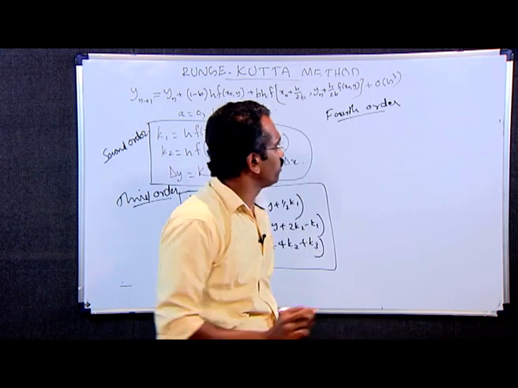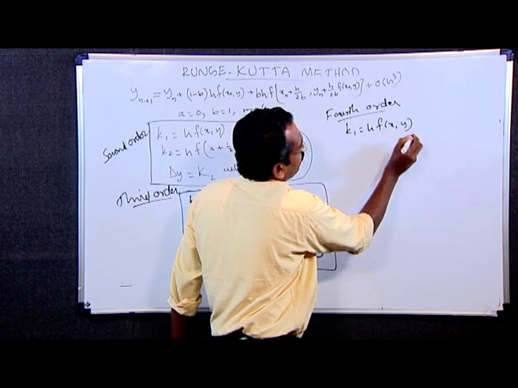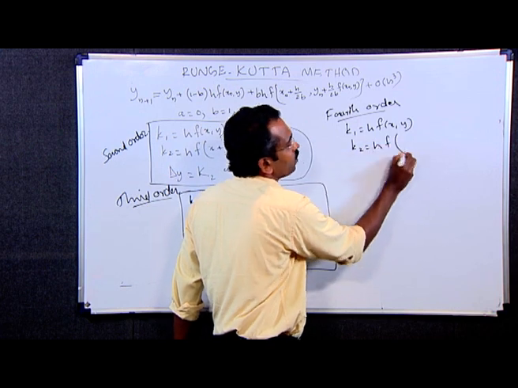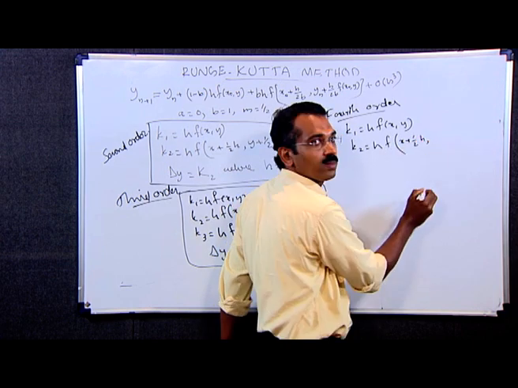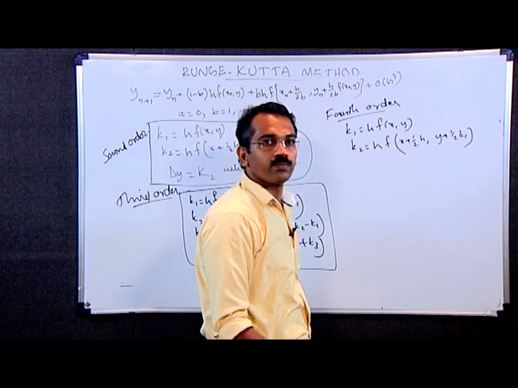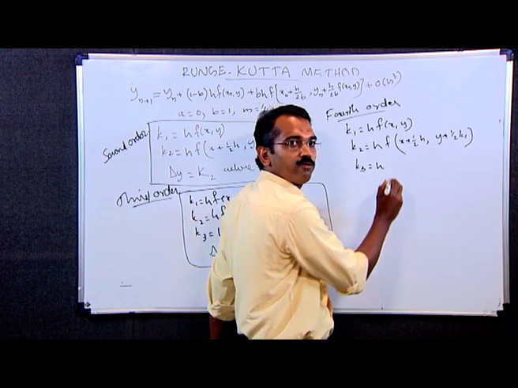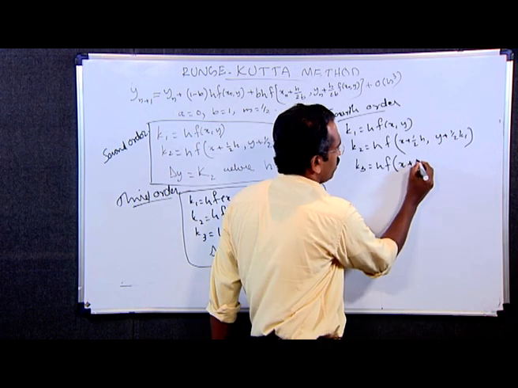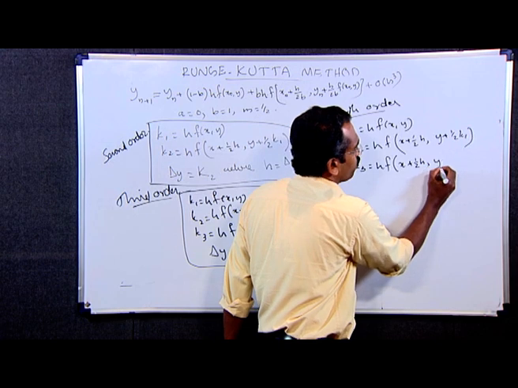K1 is equal to h into f of x y, K2 is equal to h into f of x plus 1 by 2h comma y plus 1 by 2 K1, K3 equal to h into f of x plus 1 by 2h comma y plus 1 by 2 K2.